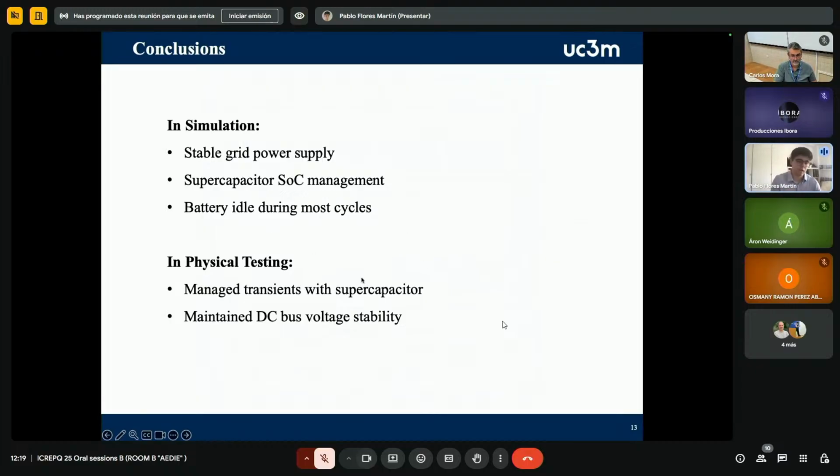And it also has proven in physical testing that the supercapacitors can effectively manage all power transients while maintaining the boost voltage stability and therefore keeping the battery idle. These results demonstrate the feasibility of reliable energy control in hours-based microgrids, a key step toward practical high-altitude wind energy integration.